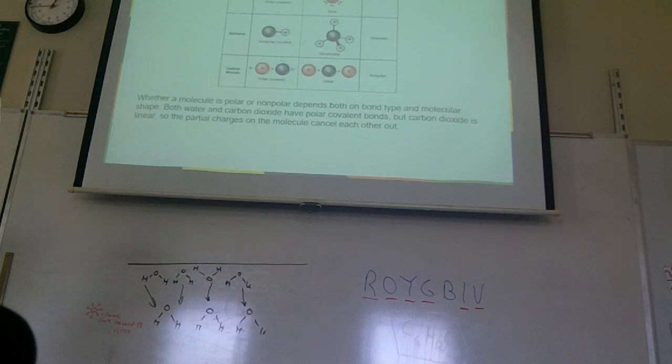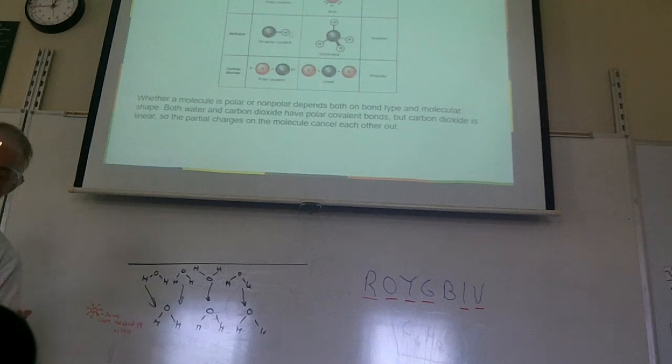This is talking about molecules being polar or nonpolar. Here's a water molecule. It's a polar molecule because of the uneven sharing of electrons. Here is a methane molecule. It's nonpolar because it evenly shares the electrons.